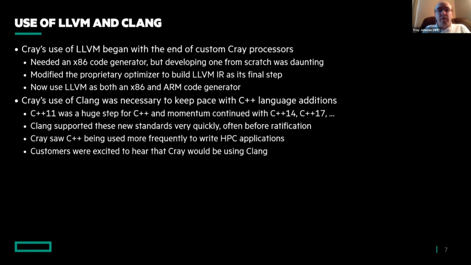In addition, we saw that C++ was being used more frequently to write HPC applications. There's certainly a lot of older applications out there that are written in Fortran, and even a few new ones that continue to be written in Fortran. But for the most part, if someone has written an HPC application in recent years, they choose C++ or C for it, and we think in large part that's due to there not being a lot of newer Fortran programmers.